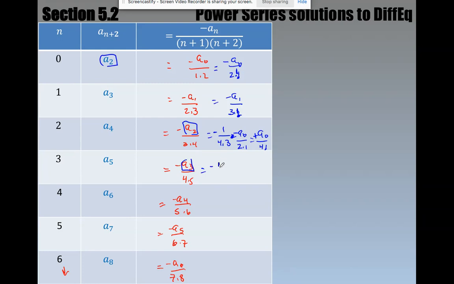So this is negative 1 over 5 times 4 times a sub 3, which is negative a sub 1 over 3 times 2, which is positive a sub 4, which is positive a sub 0 over 4 factorial. So this is negative a sub 0 over 6 factorial.